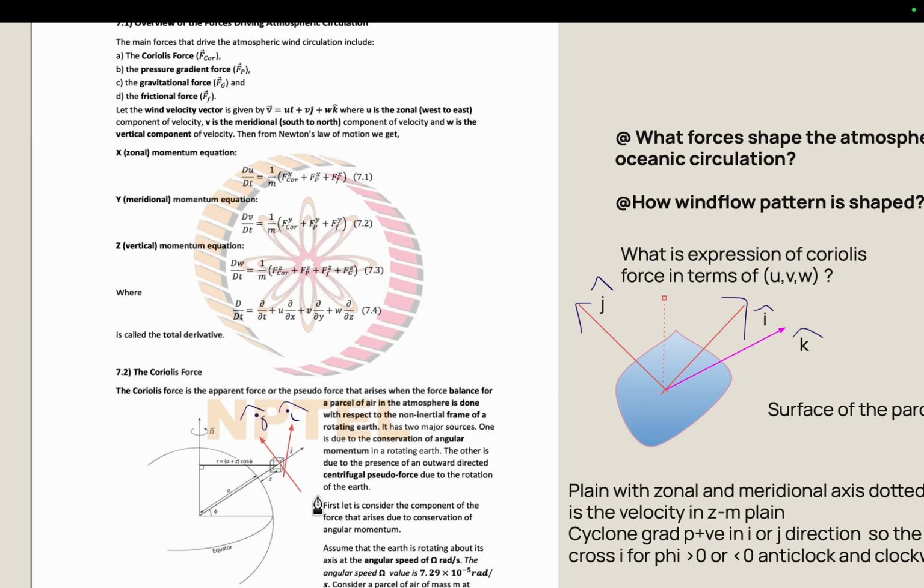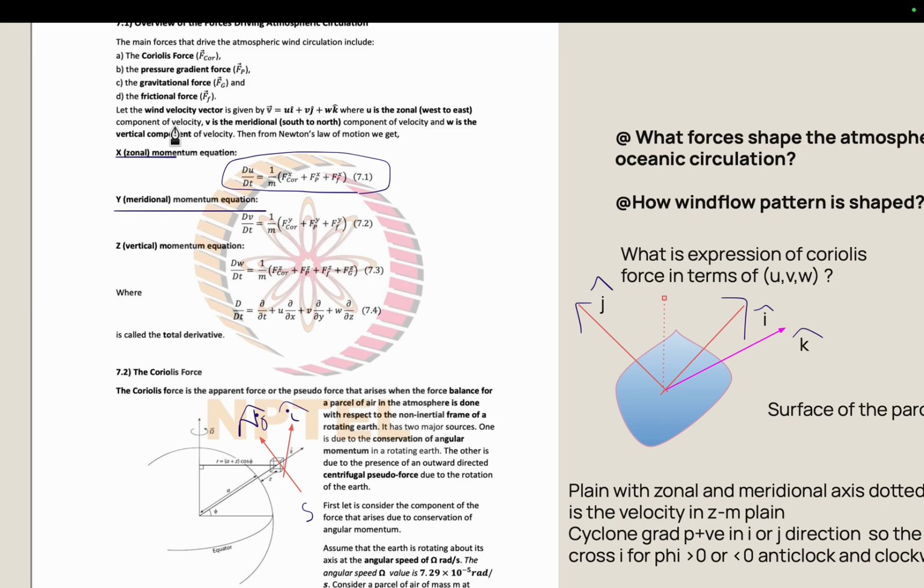The i cap direction is from west to east, known as the zonal direction, and the zonal equations are written for it. The j cap direction is from south to north, known as the meridional direction.